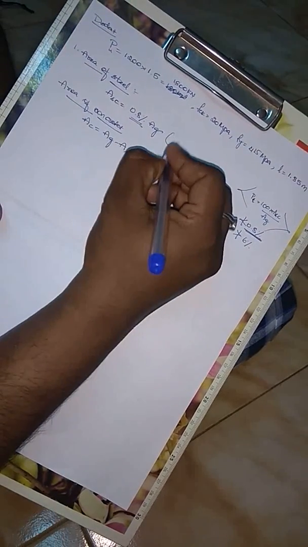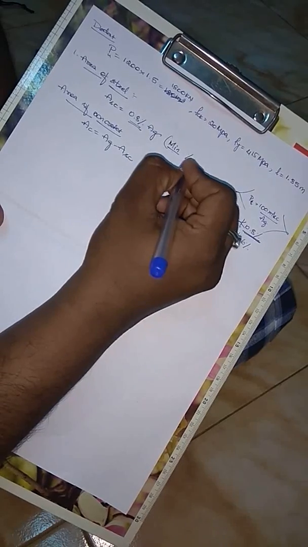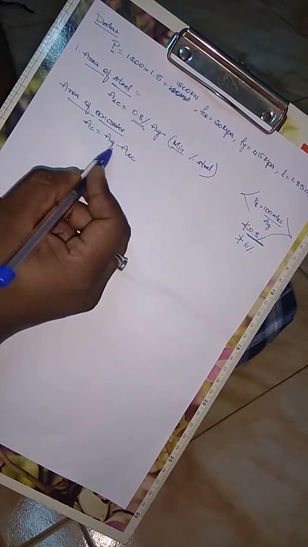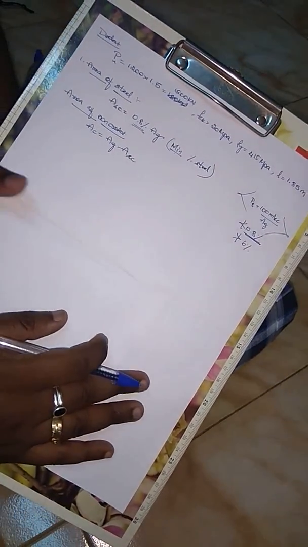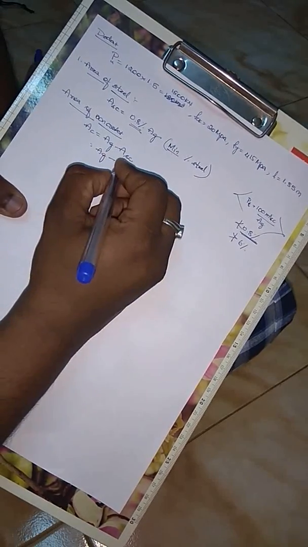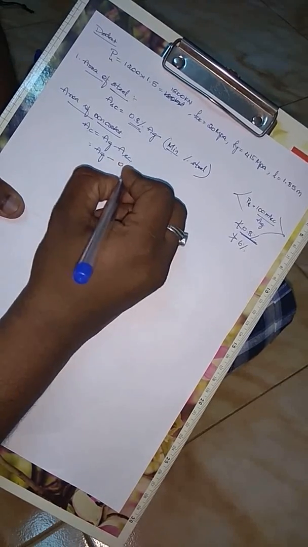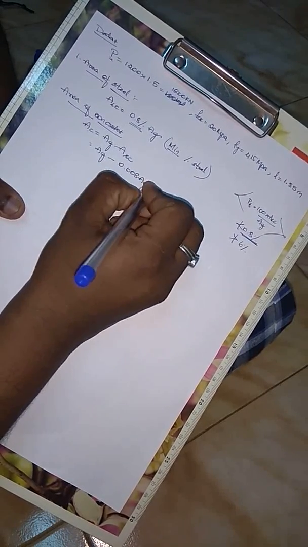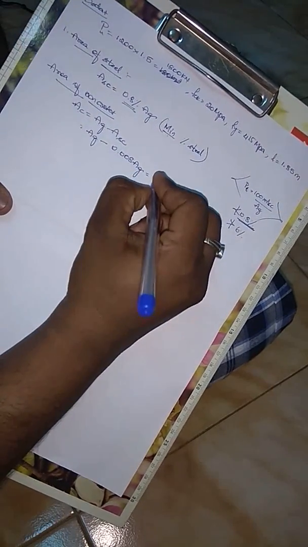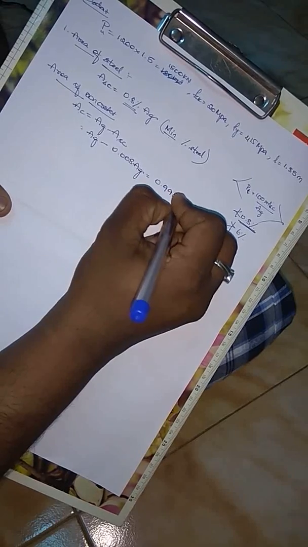So this is the difference from the other problems. ASC is equal to 0.8% of AG, which is the minimum percentage of steel given in the IS code, and area of concrete is AC equal to AG minus ASC. We'll substitute here AG minus 0.8 by 100, you will get 0.008 AG. So 1 minus 0.008, times AG, you will get the final answer 0.992 AG.